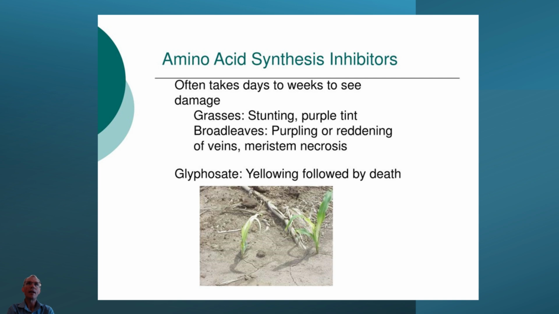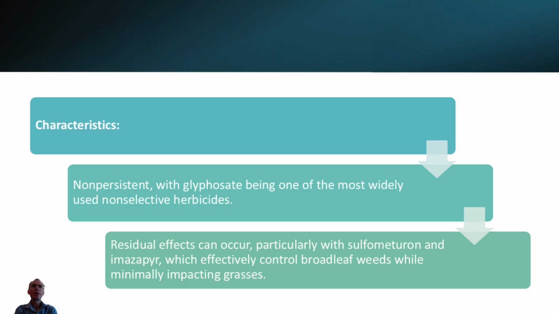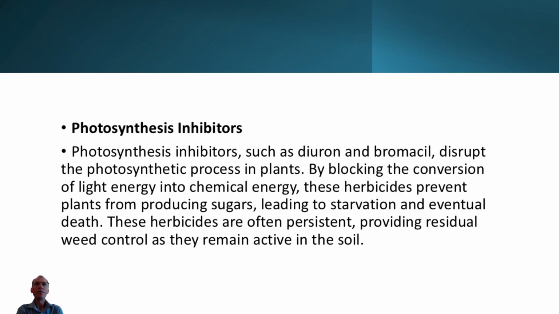Glyphosate, you'll see yellowing followed by death. Characteristics: non-persistent, with glyphosate being one of the most widely used non-selective herbicides. Residual effects can occur, particularly with sulfometuron and imazapyr, which effectively control broadleaf weeds while minimally impacting grasses.